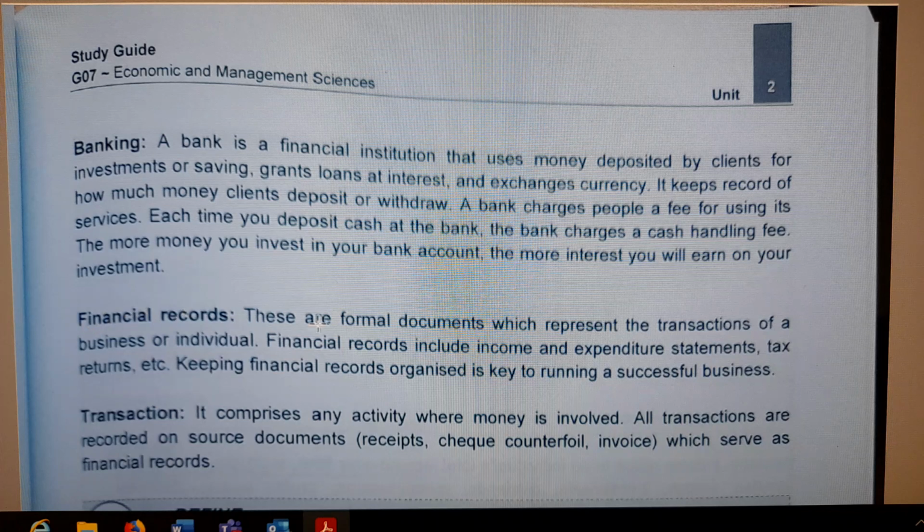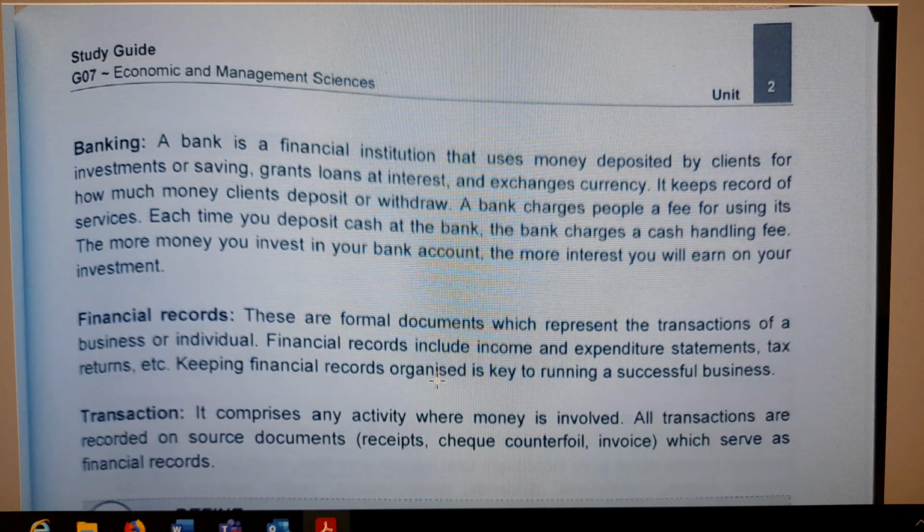So financial records are formal documents which represent the transactions of a business or individual. Financial records include income, which we have discussed, expenditure, which is expense statements, tax returns, etc.